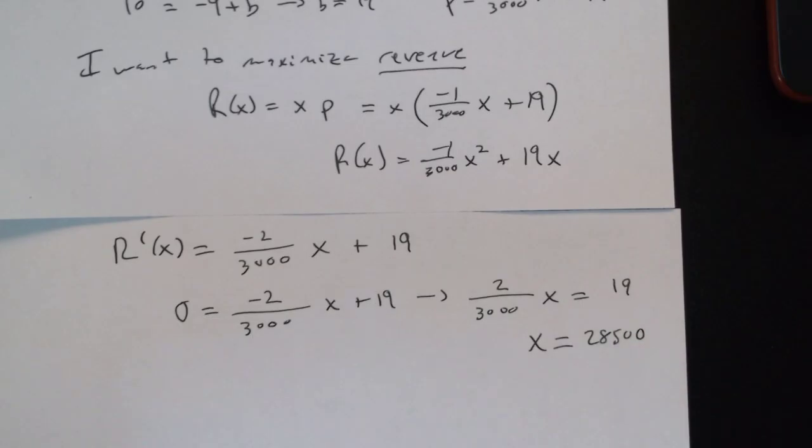Now, before I go any further, that's my critical number. It's a maximum or a minimum. I don't even actually have to do any work to show that this is a maximum. Why do I know this is a maximum before I go any further than this? How do you know that?